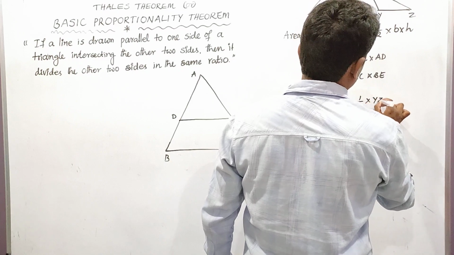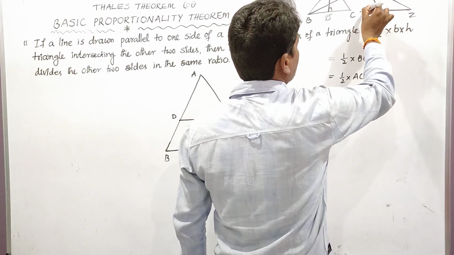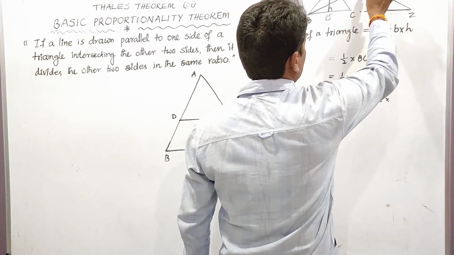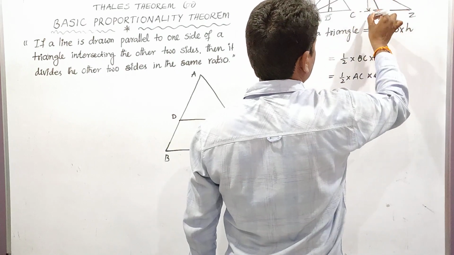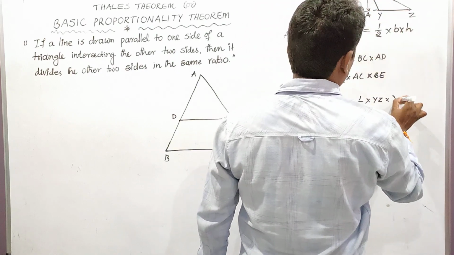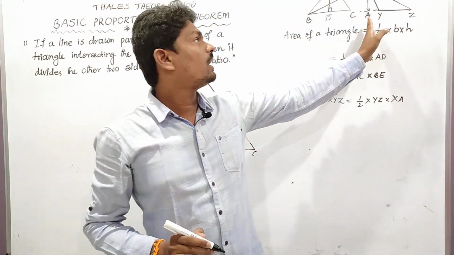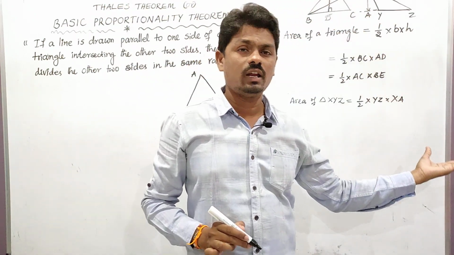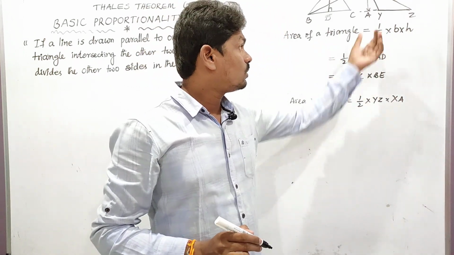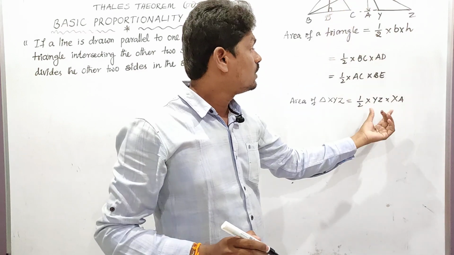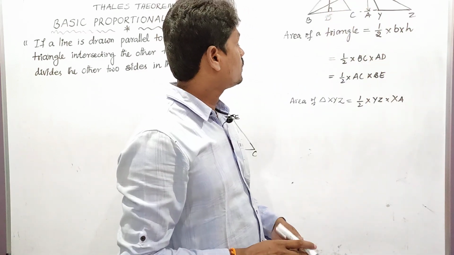I want to take YZ as base, then what is the height, student? The perpendicular. So now I am extending YZ, so this is height, let it be XA. So now XA becomes height. For an obtuse angled triangle, height will be outside of the triangle. So that you have to remember. Area of triangle XYZ is equal to half into YZ into XA, where I have taken YZ as base.